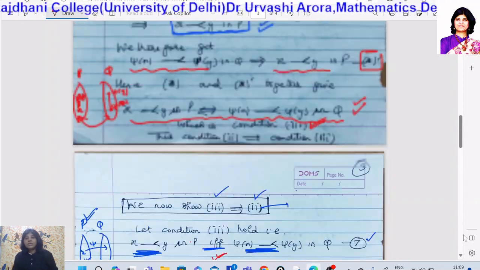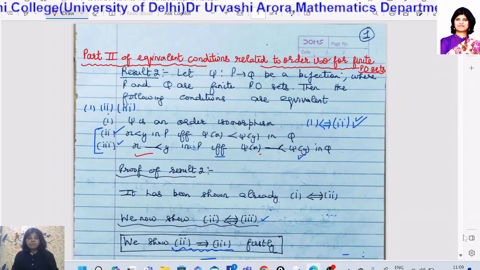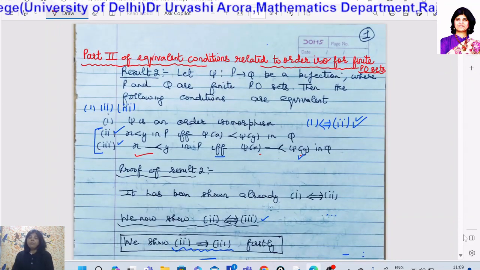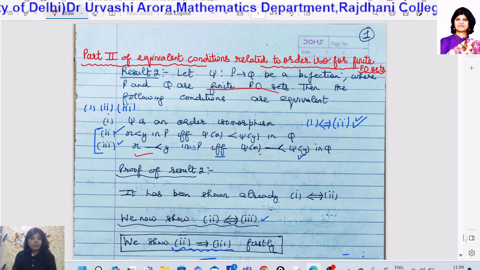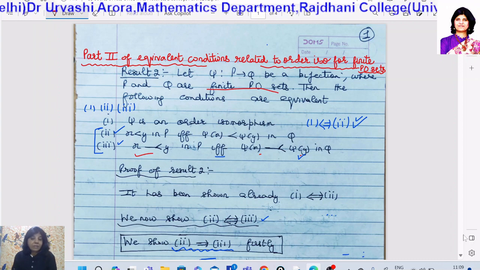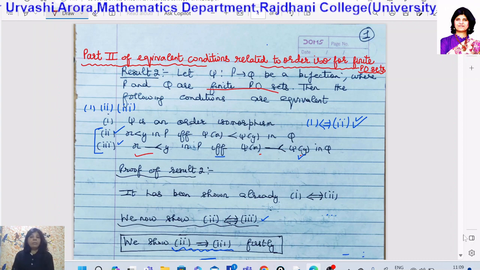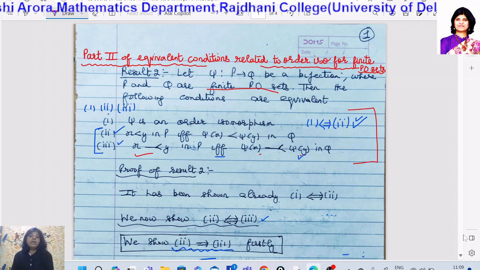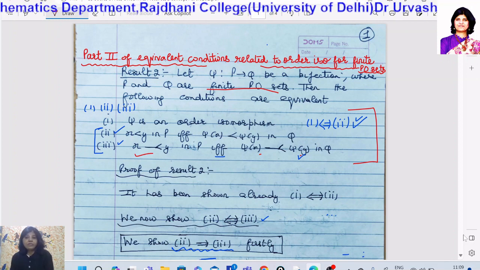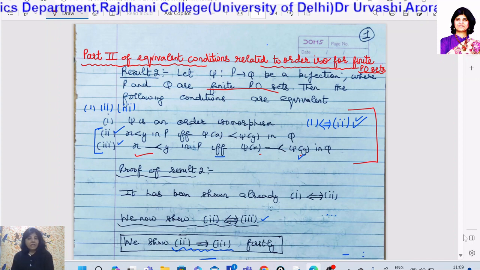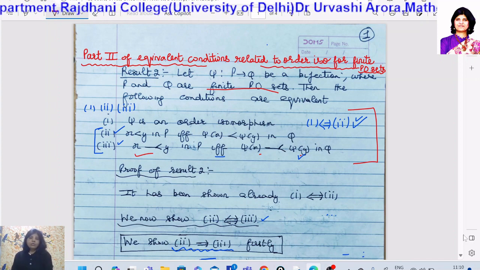So this is the proof of result 2, which is an important result relating to finite posets, when there is a bijection given between them. It gives equivalent conditions related to order isomorphism for finite posets. So that is all about result 2.